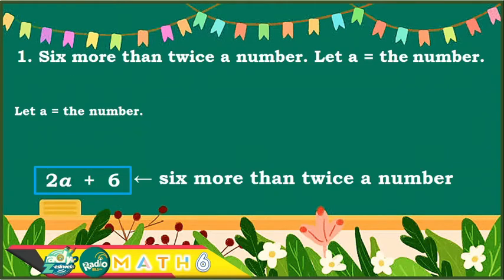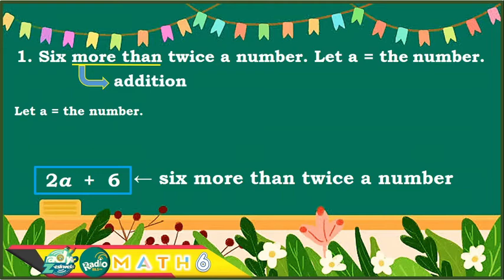For item number 1, translate to an algebraic expression: 6 more than a number. Take note that the word phrase 6 more than a number has the keyword more than, which denotes that the operation we will use is addition.